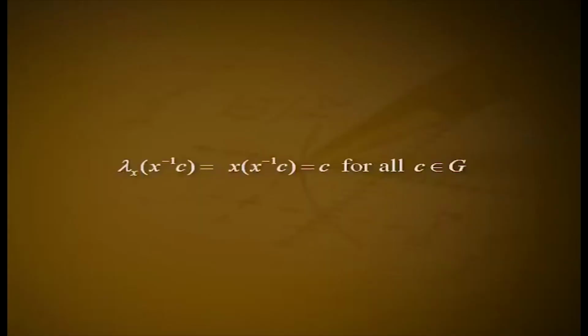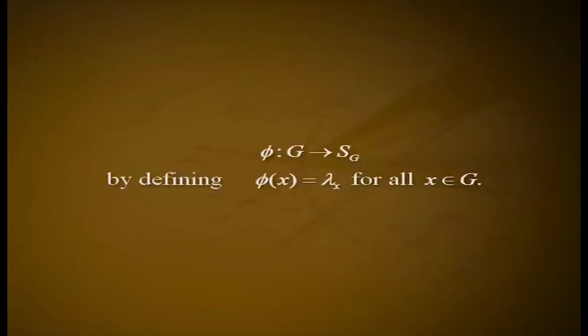The equation lambda x of x inverse c is equal to x into x inverse c, which is equal to c for all c belongs to G, shows that lambda x maps G onto G. If lambda x of a is equal to lambda x of b, then xa is equal to xb. So, a is equal to b by cancellation in the group. Hence, lambda x is 1 to 1. Being 1 to 1 and onto, lambda x is a permutation of G.